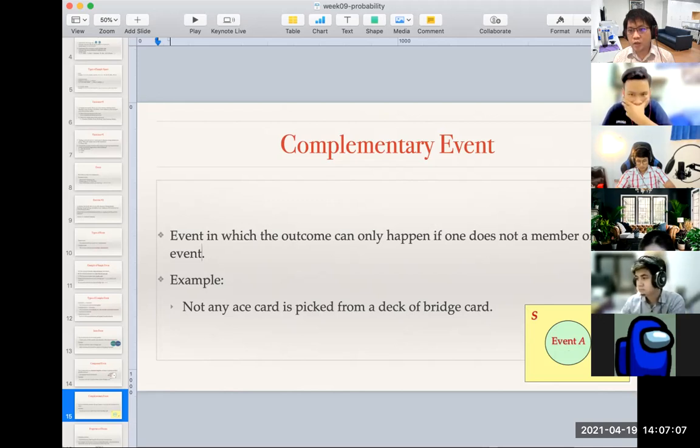It means A's complement, the complement of event A. For example, in English, we can think of it like: not any ace card is picked from a deck of cards. What does it mean? You can pick the other 48 cards from one deck of cards.